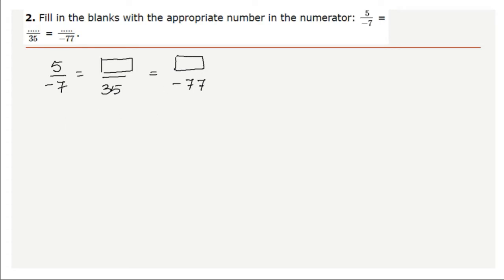When I consider the denominator here, when 35 is divided by negative 7, I'll be getting negative 5.